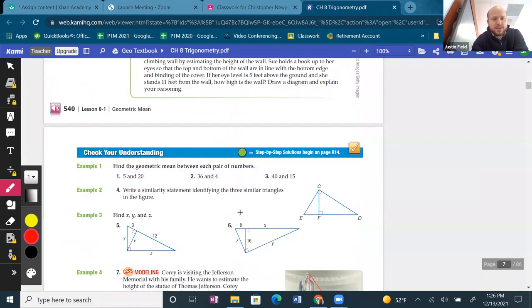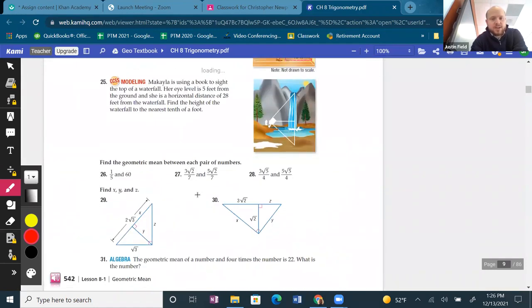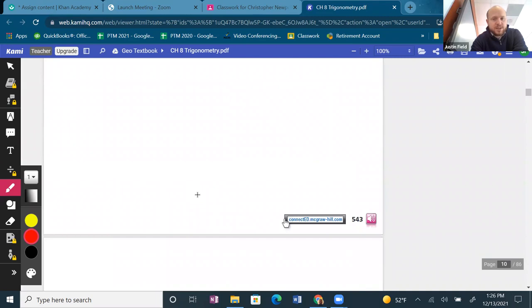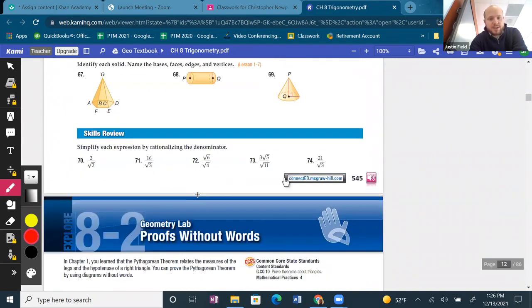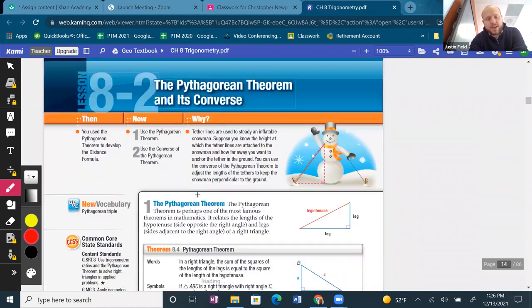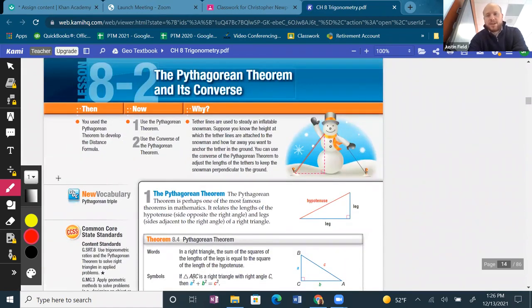We could do it, but we're skipping it because the things that geometric mean covers end up in other things. And hey, you have the information, so if you want to learn it, you can read that section and you can ask about it and put it in the organizer. But for this video, we're going to start with the Pythagorean theorem and its converse.